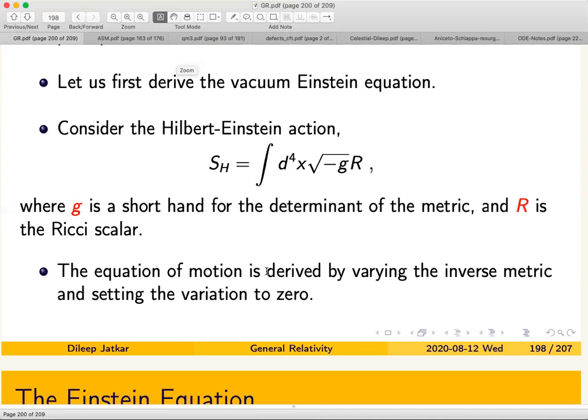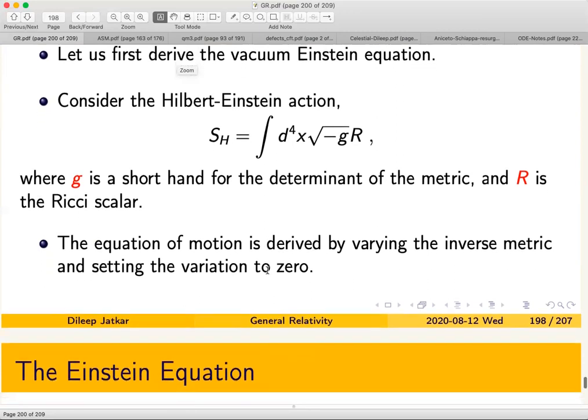You demand the stationarity condition, which means the first variation of the action vanishes, and that would give you the equation of motion. It's the usual thing you would do in, say, Lagrangian mechanics, or even in quantum field theory or classical field theory.